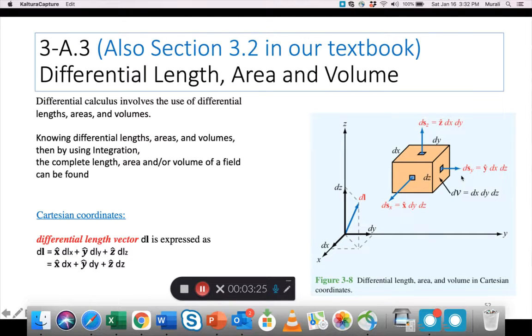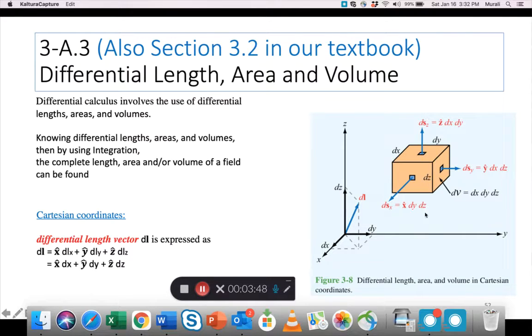And then you can also see that the area, this area for example, is the product of dx and dy, right? Similarly, this area is the product of dx times dz, right? This area. And this area is dy times dz.